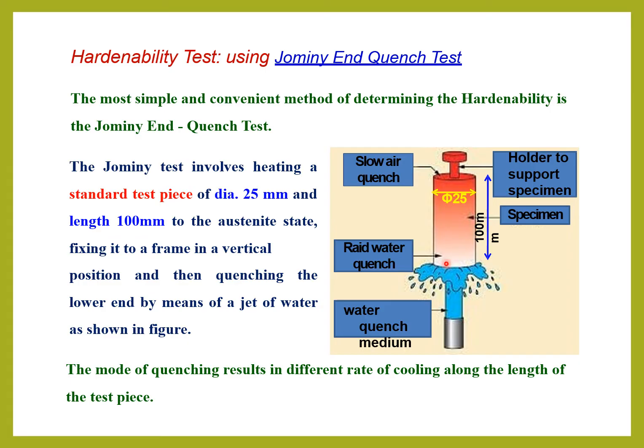Then we take a water pipe, maintaining some distance between the water pipe and the steel. We spray the water through the bottom end of the specimen, which is fixed in a fixture. So continuously you are spraying the water here.